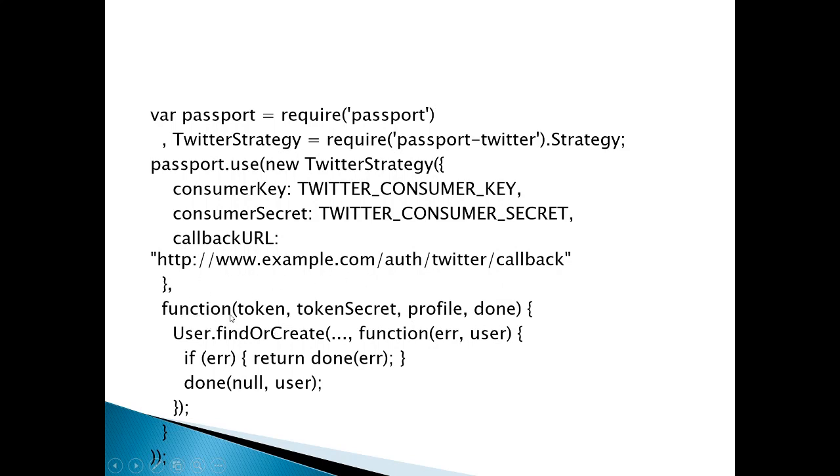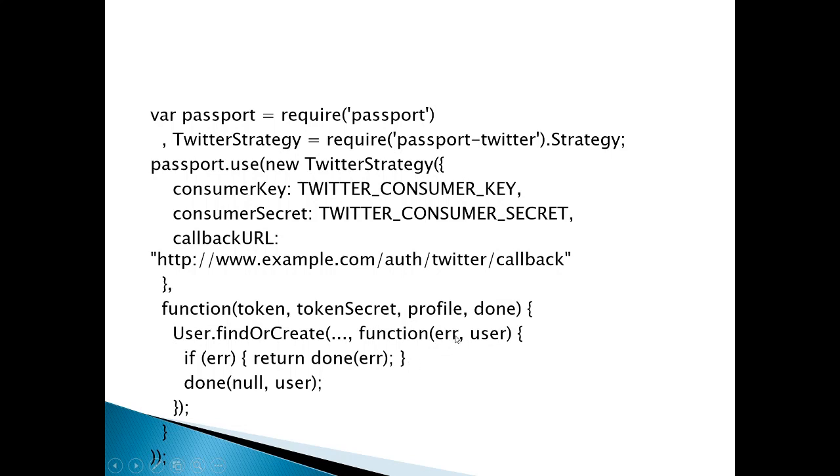It also contains a function with token, secret, profile, and done. Done is a callback. Profile is the information that will be returned from this specific URL. The public profile information will be returned in the profile variable.